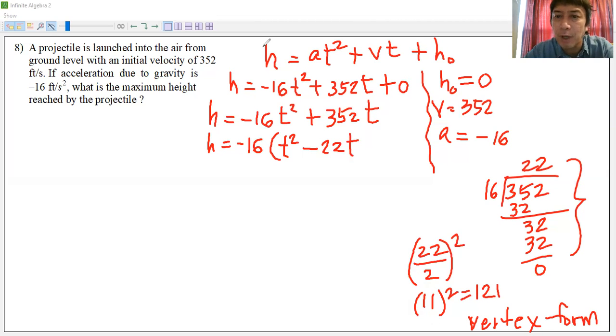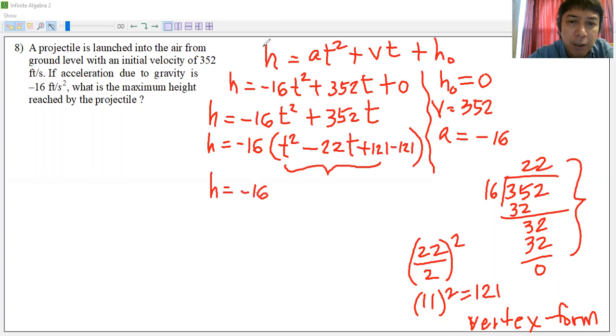So we're going to add 121 and subtract 121. So this trinomial, a polynomial with 3 terms, is now a perfect square trinomial, which we can write like (t minus 11) squared.